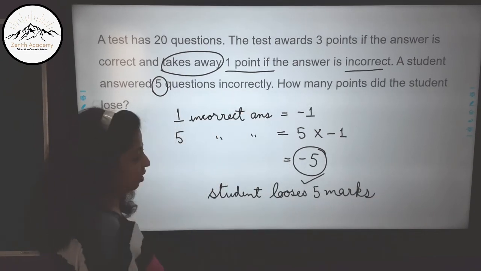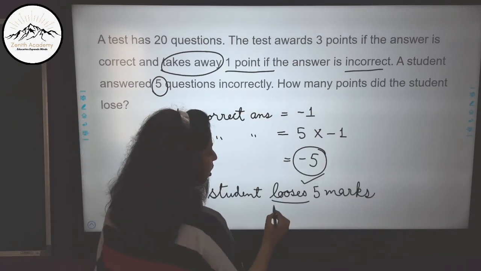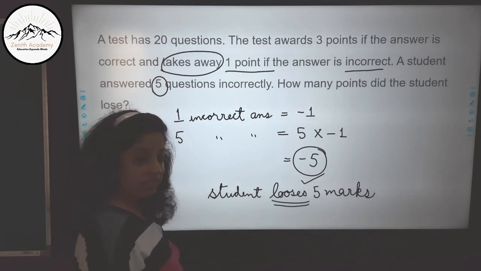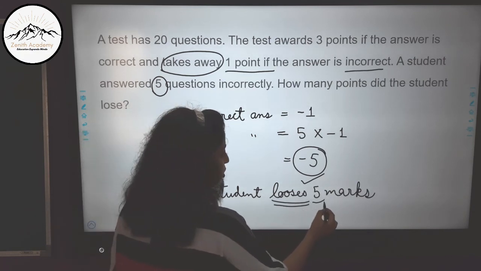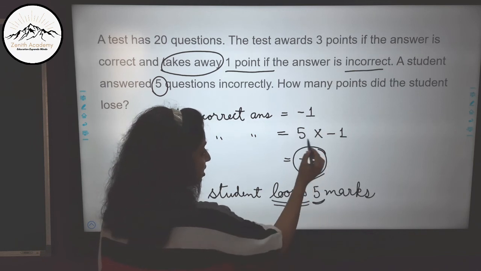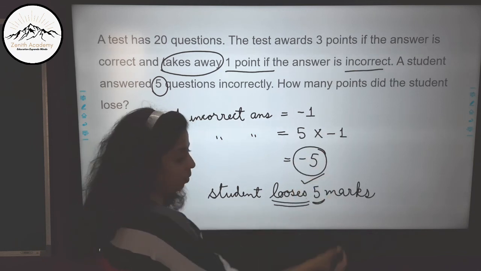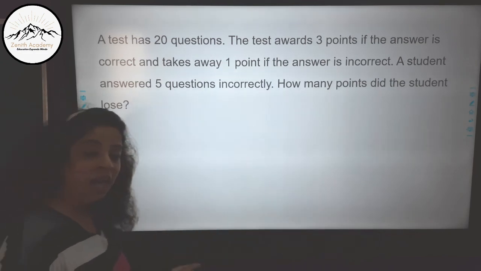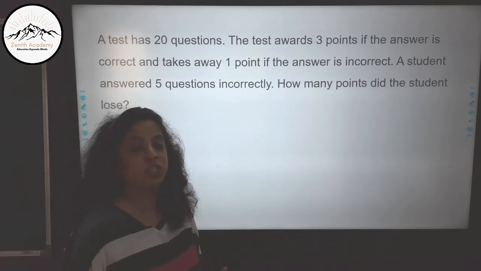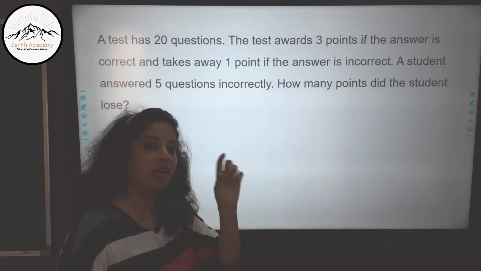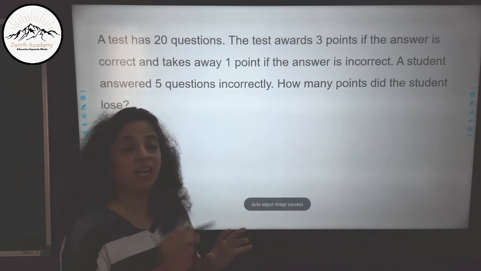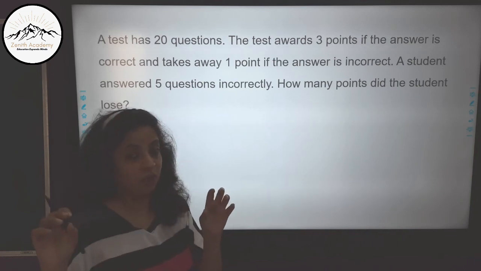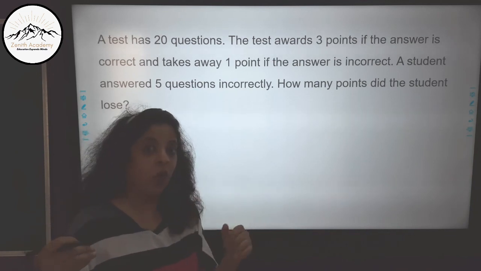So the key is you associate terms like lose or decrease, and you can use positive with it. So it means the same as negative of that number. So you have to mention both the answers. And if it is a multiple choice question, if the answers given are -5 and +5, then you will select -5, because with +5 nothing is written, that it has lost or it has decreased.